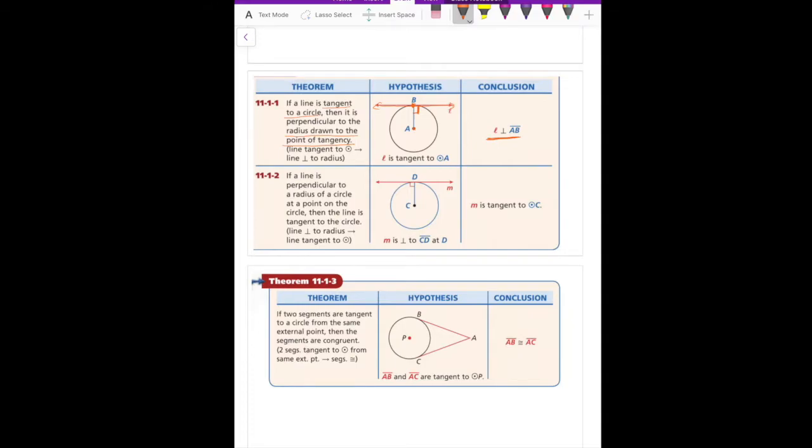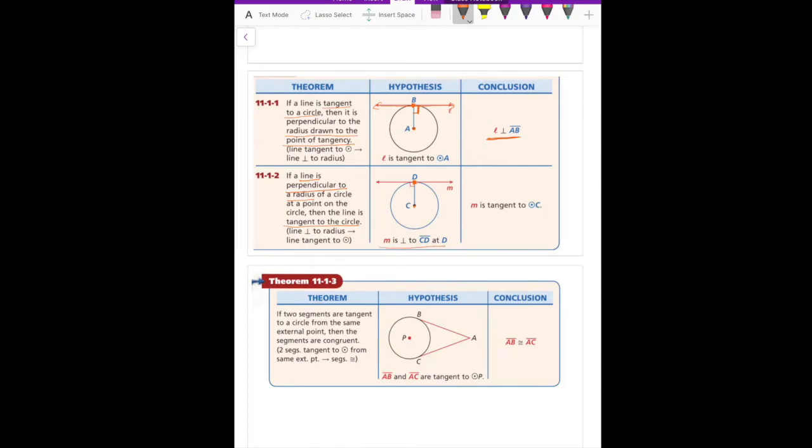That is the first theorem. Second theorem is, if a line is perpendicular to a radius of a circle at a point on the circle, then the line is tangent to the circle. So if you want to prove a line is tangent to the circle, you just need to prove it makes 90 degrees with the radius at the point of tangency.